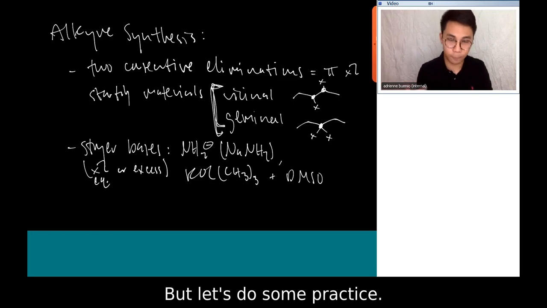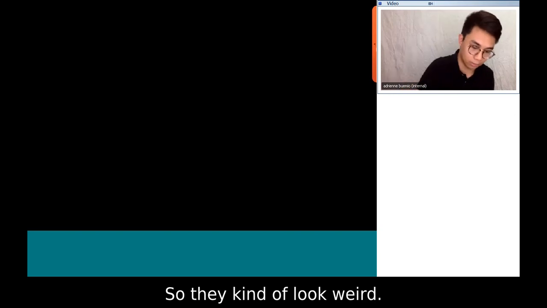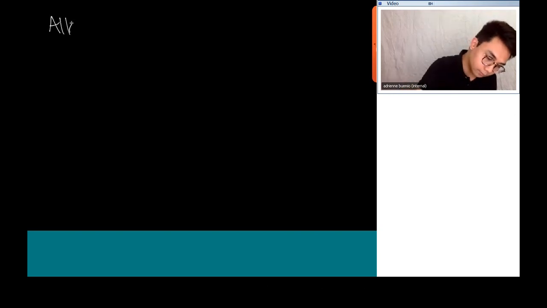But let's do some practice. The hardest thing for alkynes, I think, is visualizing them, because we know alkyne triple bonds are flat, 180 degrees, so they look weird. So let's see.